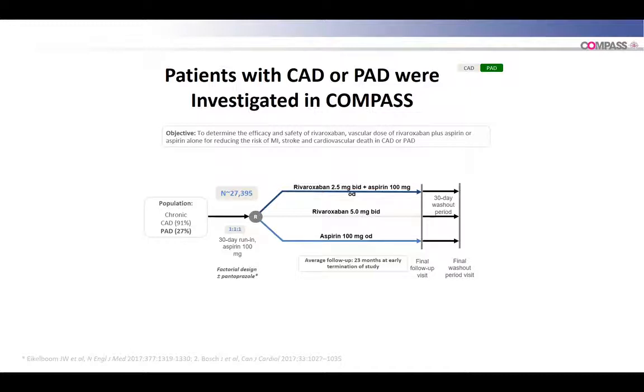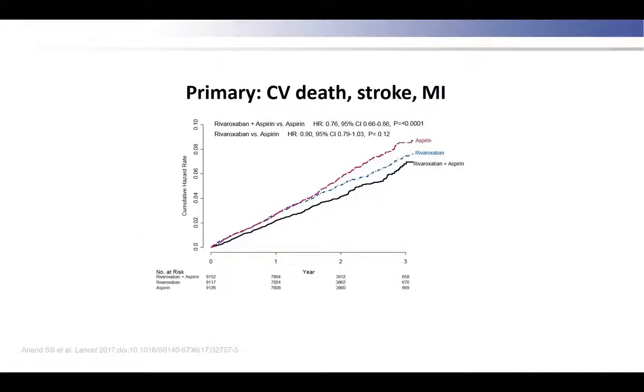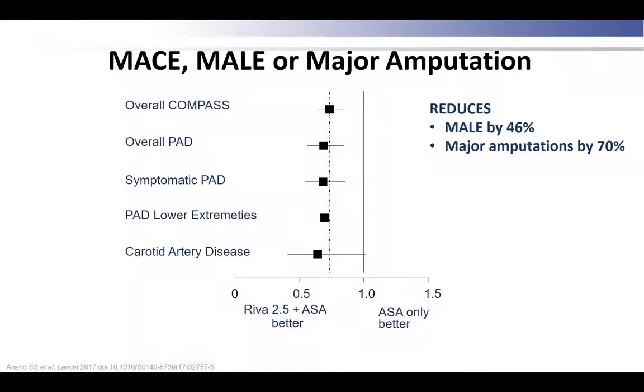And again, you're familiar with the COMPASS study, I'm sure, where you have the 2.5 milligrams twice a day of rivaroxaban plus aspirin, rivaroxaban alone, and aspirin alone, and of course, here is the primary outcome showing improvement from the combination therapy. And here you can see the effect on the limb. Now, the COMPASS study is a lot to answer for because it dumped carotid disease into PAD for some ridiculous reason.